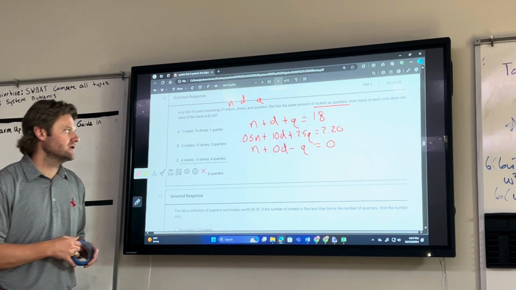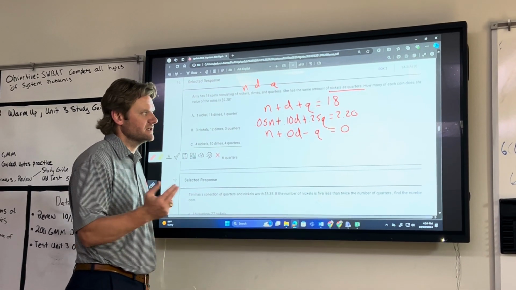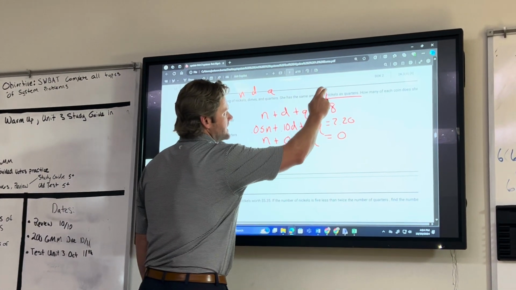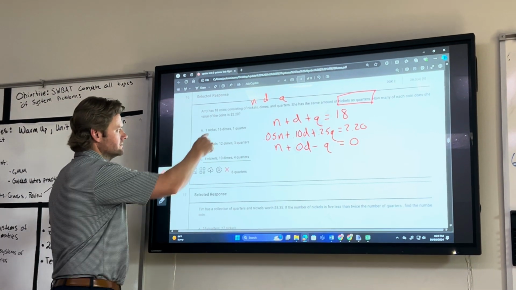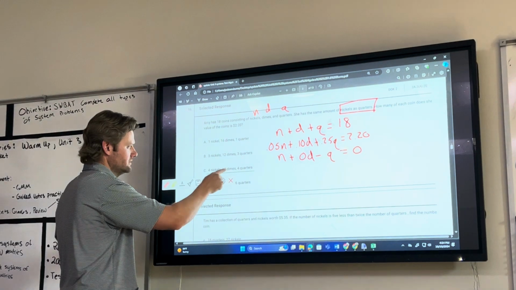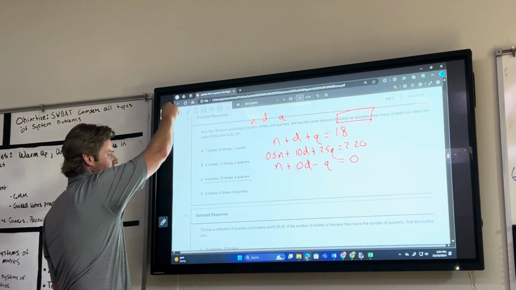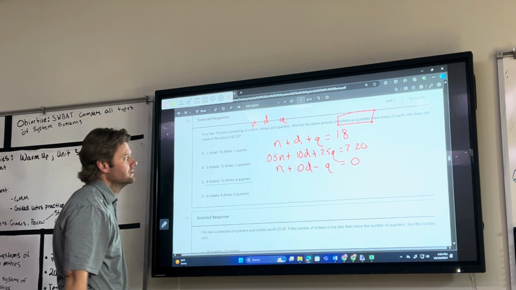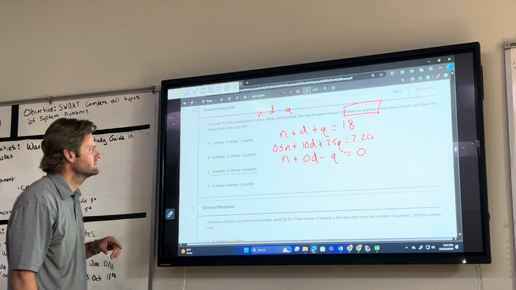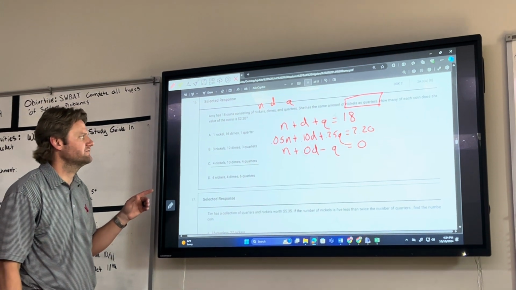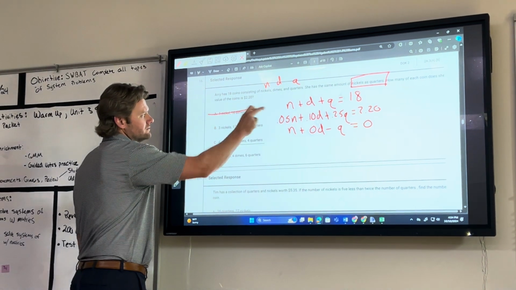You can also kind of check. You can use some process of elimination. Don't forget your test taking strategy. Same amount of nickels as quarters. Good. So 1 nickel, 16 dimes, 1 quarter. That's 165 cents plus 25 cents, so that doesn't equal 220.